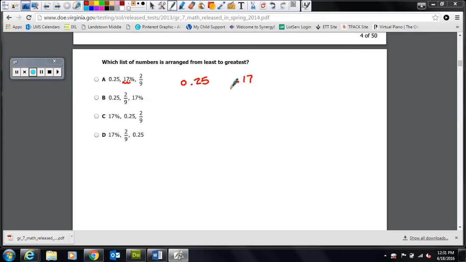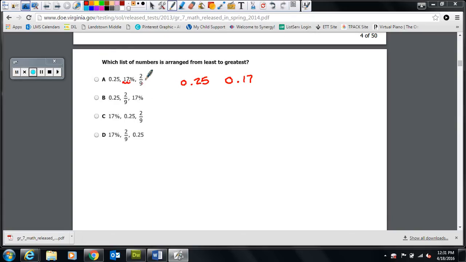It is always 2 jumps. If you're turning it from decimal to a percent, it's 2 jumps back to the right. But we went from a percent to a decimal, so we must move it 2 places to the left. And I'm going to put a 0 in the ones place just so that it matches our first decimal.